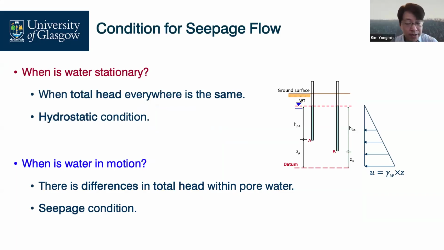Now you can explain, right? Our total head everywhere is the same, leading to hydrostatic conditions. These hydrostatic conditions cause hydrostatic pressures like in a swimming pool. It looks triangle shaped.